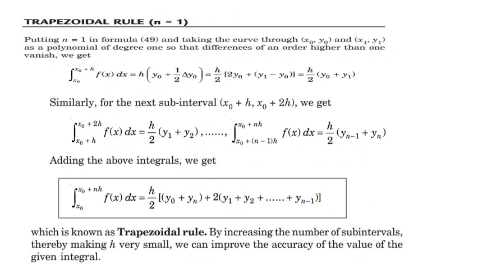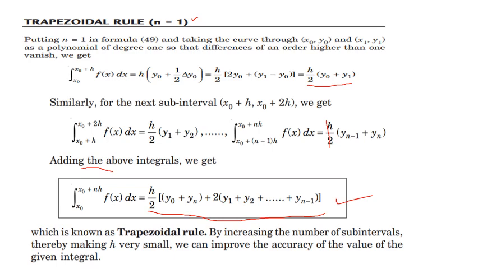So let us put n is equal to 1 in the general equation. So you will have this formula, h by 2 times y0 plus y1. Now if you write it in a general form, that is given by h by 2 times y(n-1) plus yn, and if you apply it multiple times, that is n number of times, you have to write the trapezoidal rule this way.